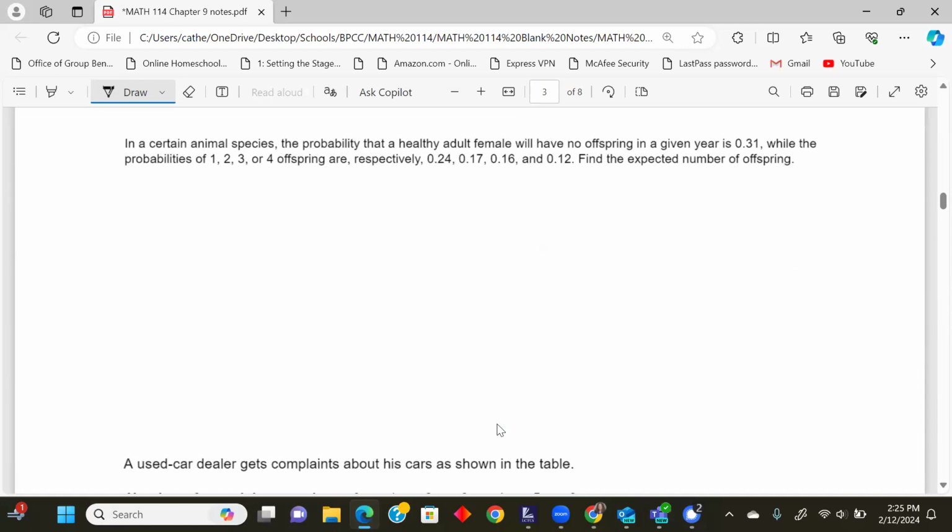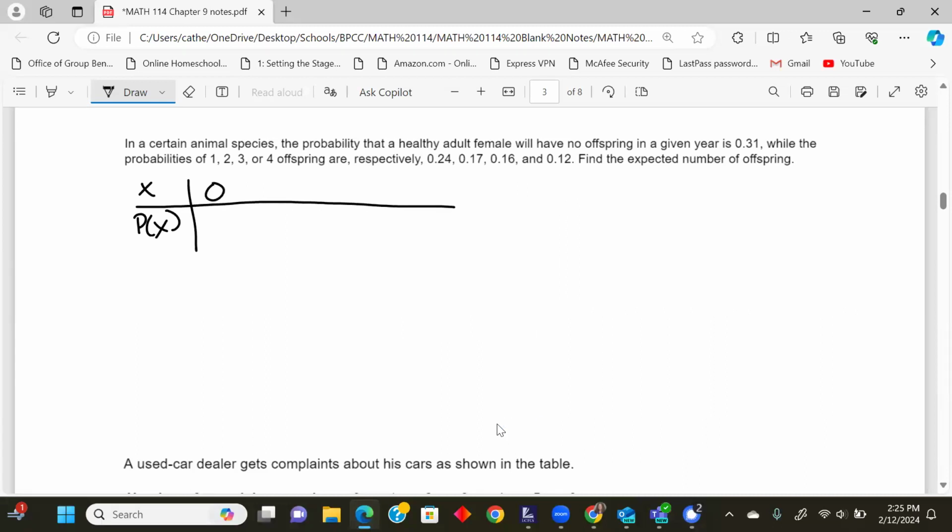In a certain animal species, the probability that a healthy adult female will have no offspring in a given year is 0.31, while the probability of 1, 2, 3, or 4 offspring are respectively those numbers. Find the expected value of the number of offspring. All right.